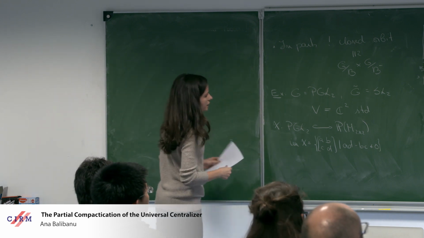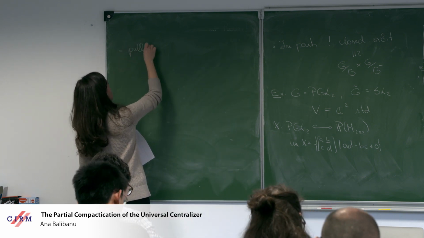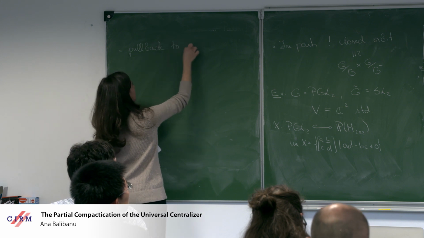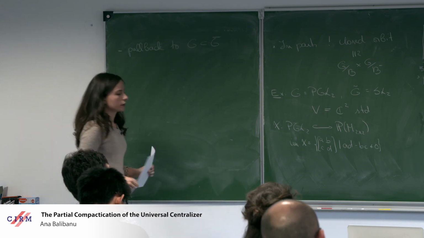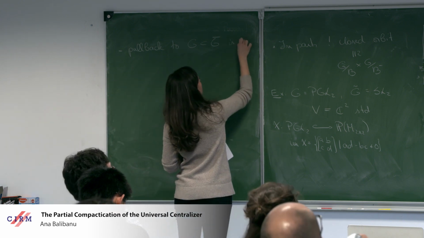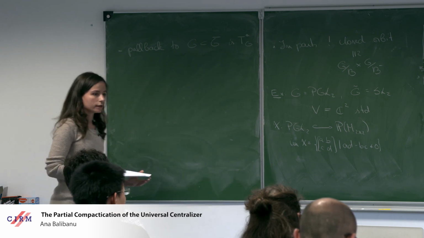And of course, when I restrict this log cotangent bundle to the copy of the group G that's living inside the wonderful compactification G bar, I just get the usual cotangent bundle of G.